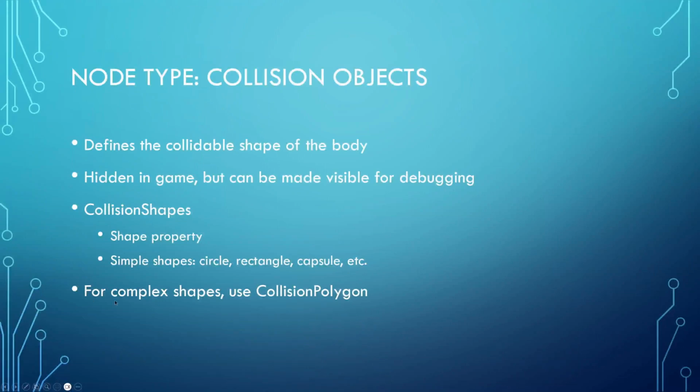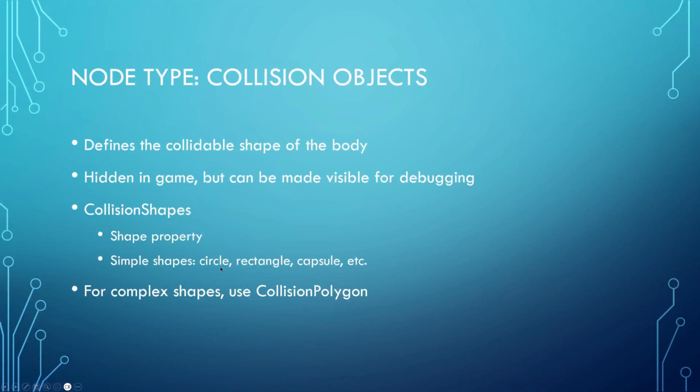Then you can also have complex shapes where you define it. There's a collision polygon, and Godot gives you the ability, if you have a mesh, to automatically calculate the collision polygon for you. That's pretty nice, but using collision polygons typically is very computationally expensive. So try to use simple shapes where you can.